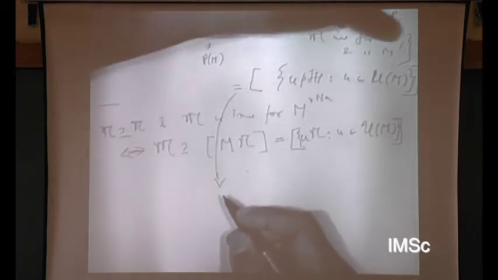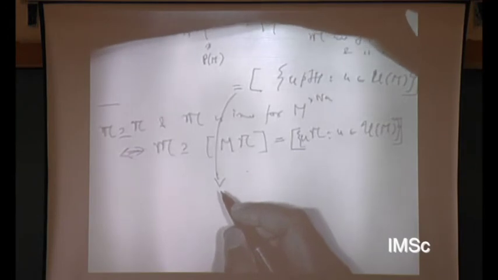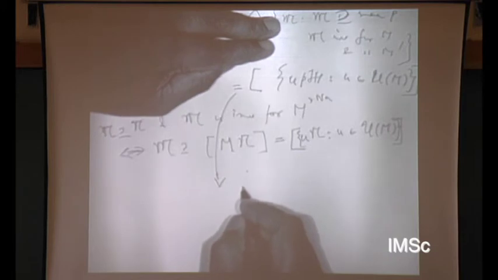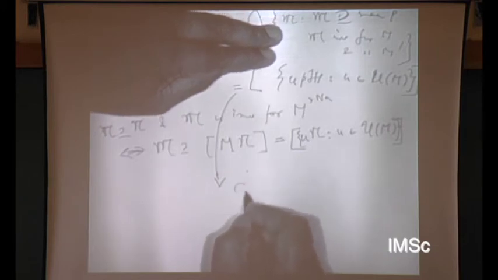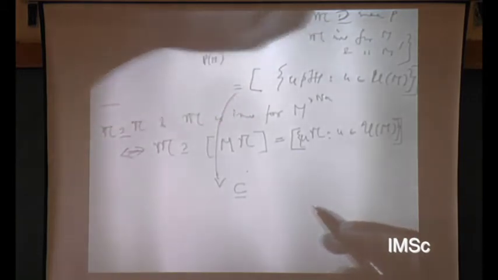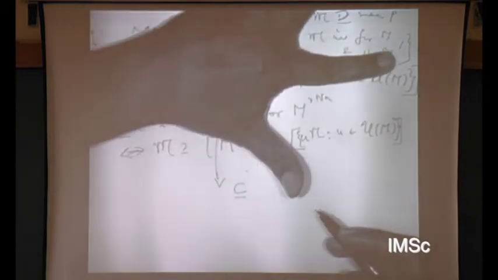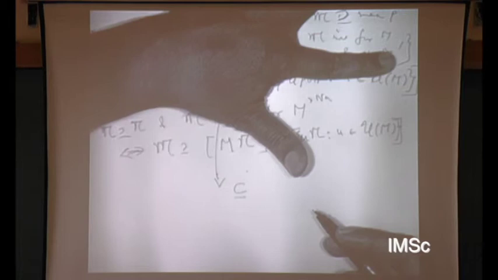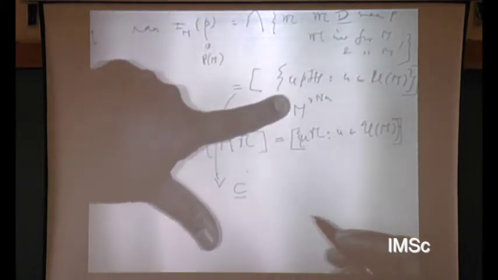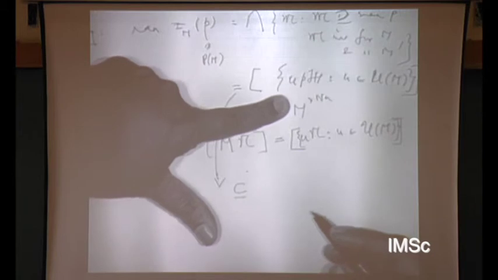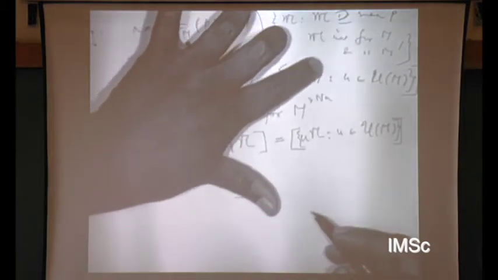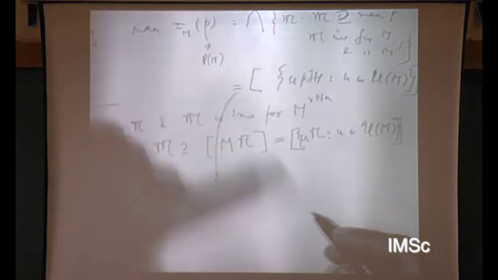intersection. So this set is contained in this set. That is, if you have something which contains range P and satisfies the first condition, then it must be in this set. So if it's in this set, then certainly it satisfies the first condition, and hence it must be in here.